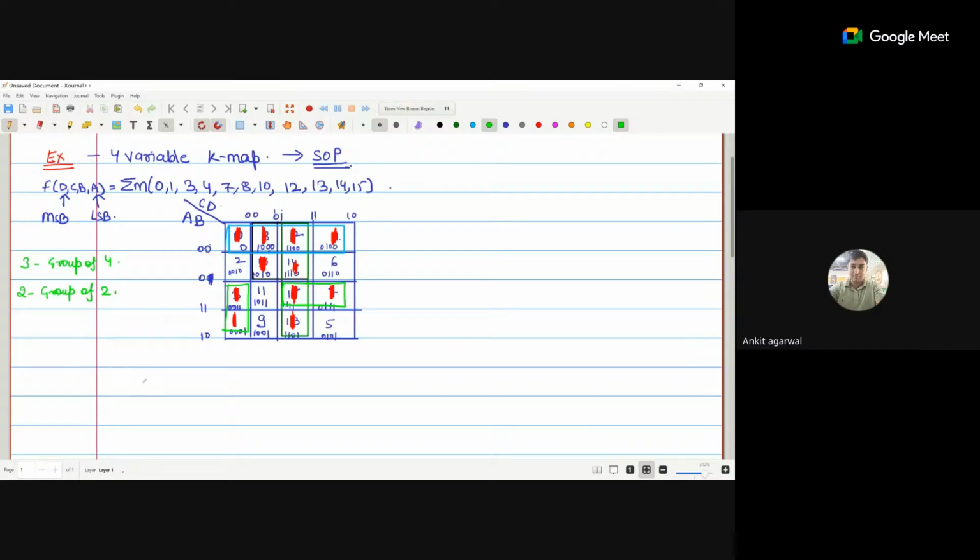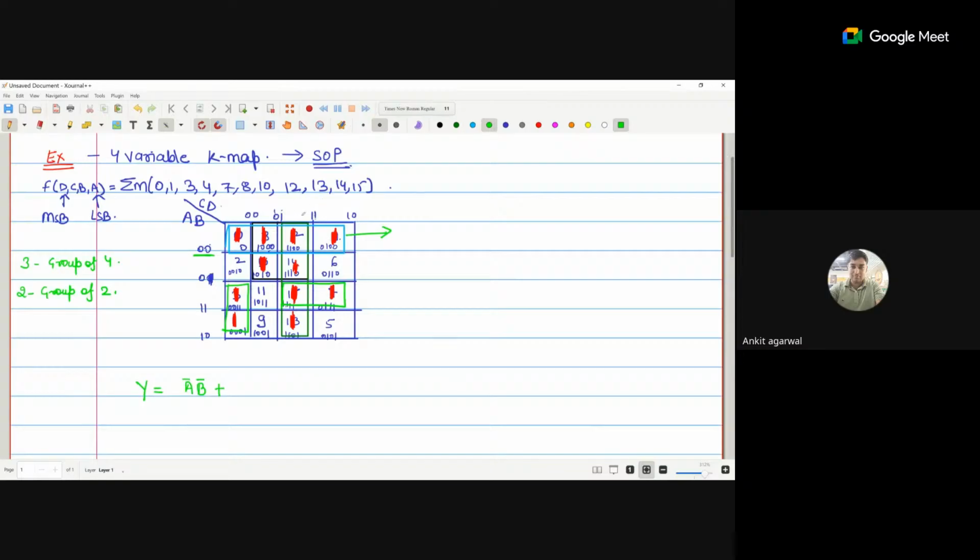Now can you write an expression for that one? So for this group of 4, the A and B is the constant. A bar, B bar.